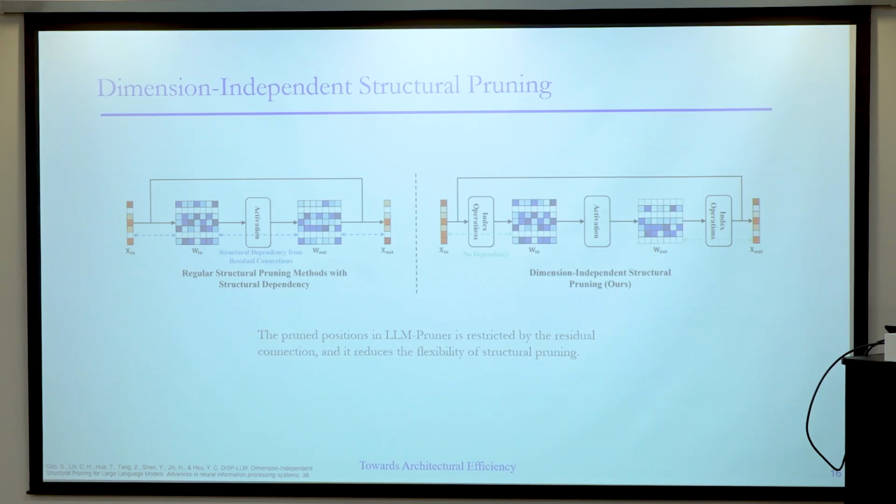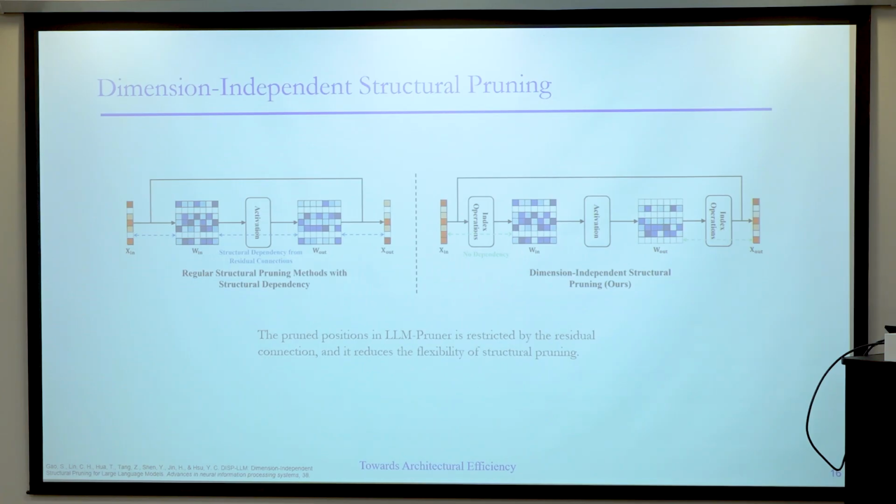So to relax this restriction, we propose our own method, which we call dimension-independent structure pruning. We allow free pruned positions across the input and output dimensions of the weight matrices, like in this MLP block.